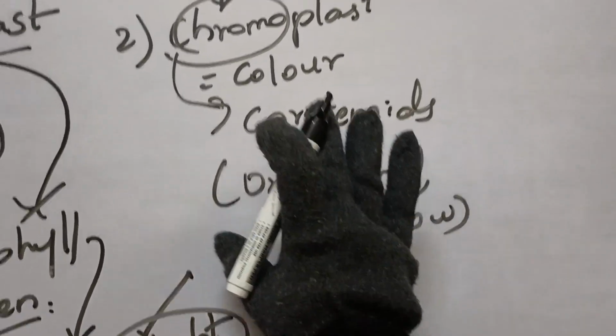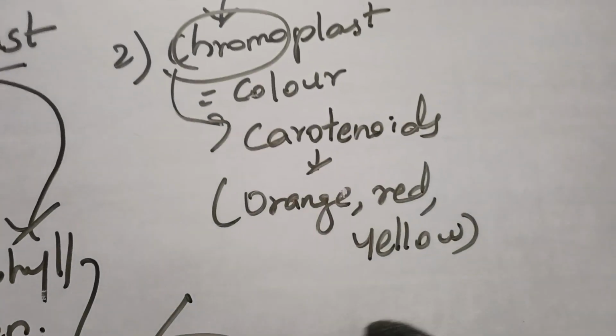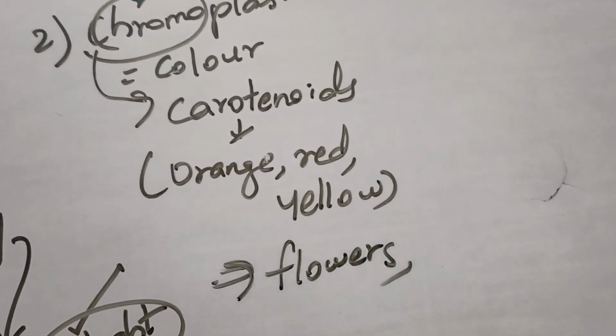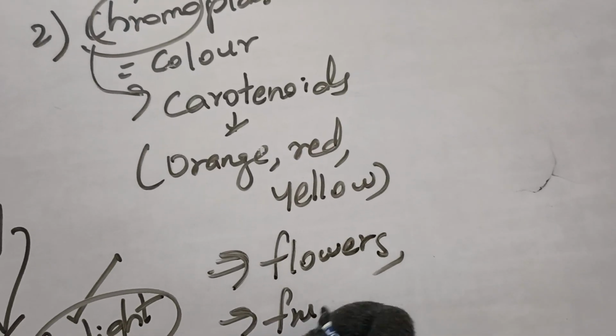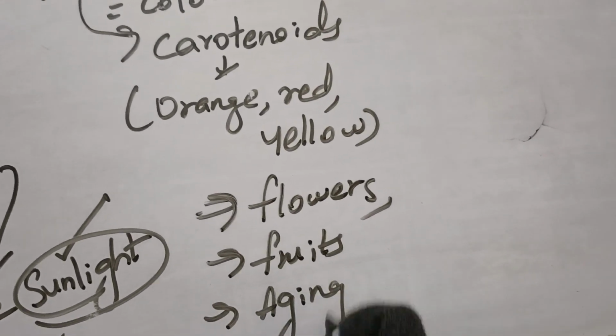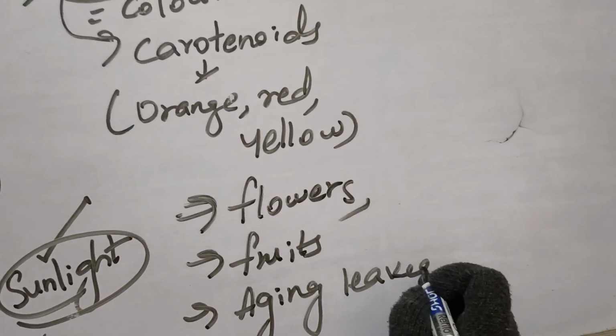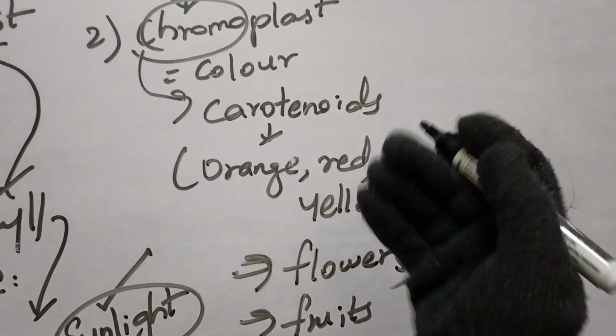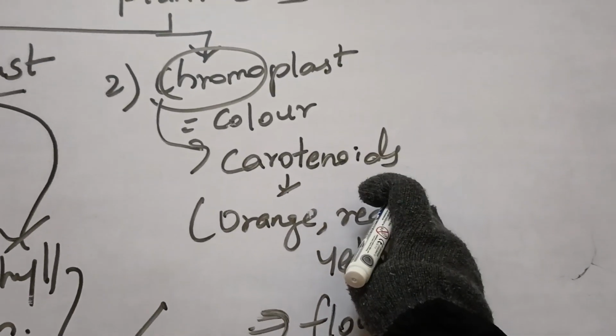And overall chromoplast is going to give vibrant color to flowers, fruits, and even the aging leaves. Aging leaves will be somewhat reddish orange in color. That is because of chromoplast, which contains carotenoids.